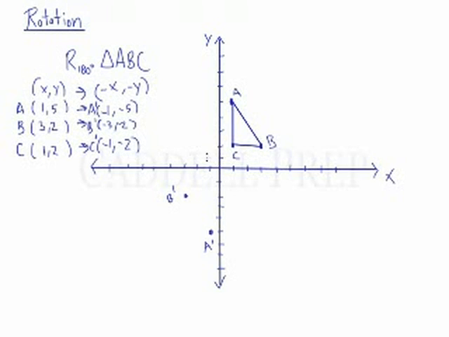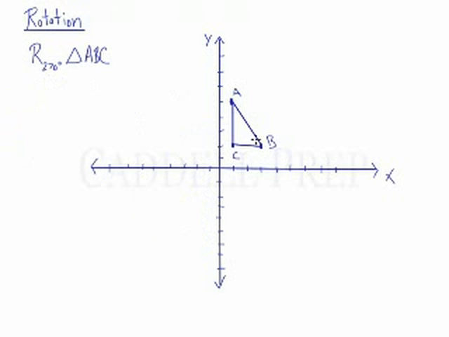And C prime is (negative 1, negative 2). So let's connect these dots and make our triangle A'B'C'. And now we have the image of triangle ABC when it's rotated 180 degrees.